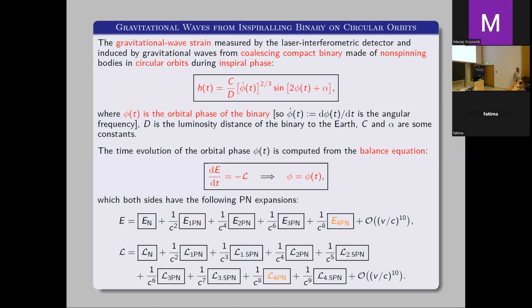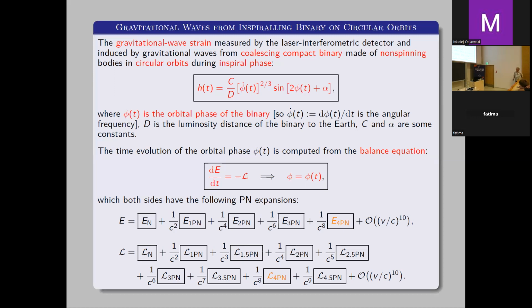All you need is to compute the time evolution of the orbital phase of the binary, and the phase of this waveform is just double this orbital phase. And of course, you also have an important modulation of the amplitude, where you have the angular frequency of the orbital motion.